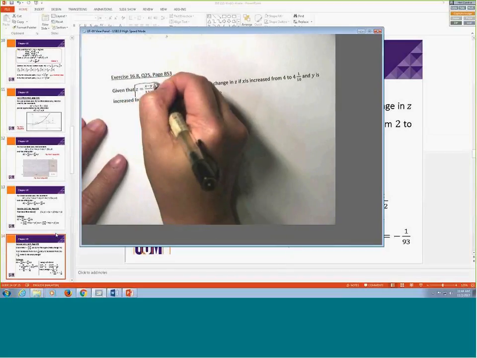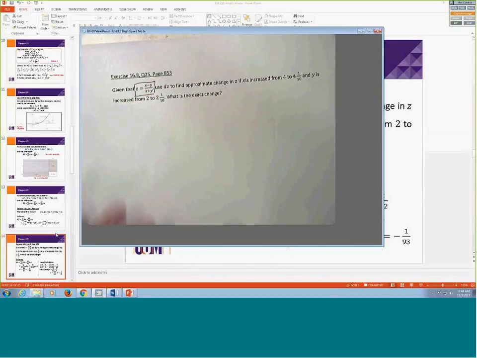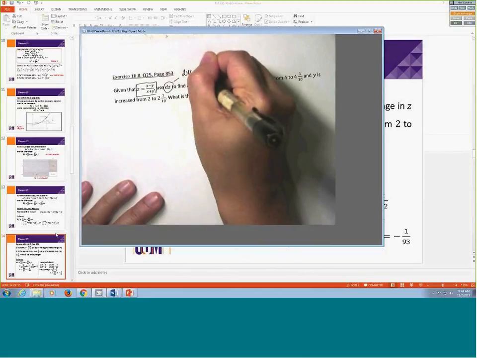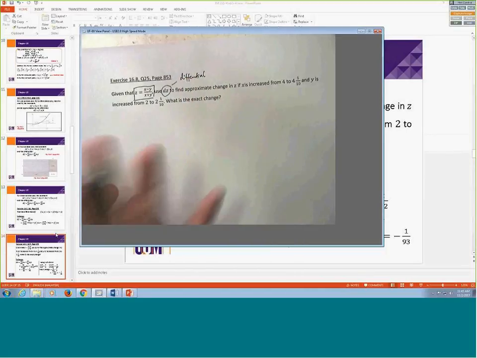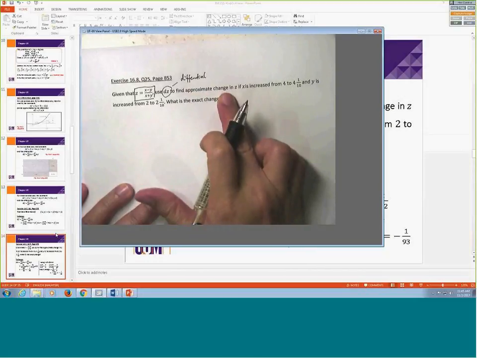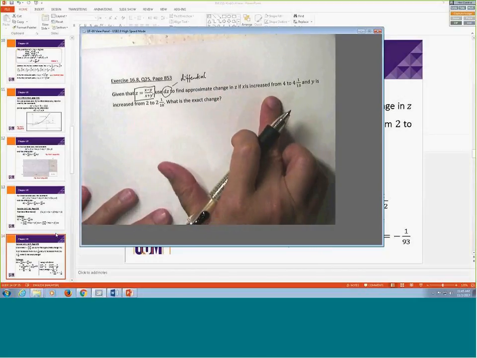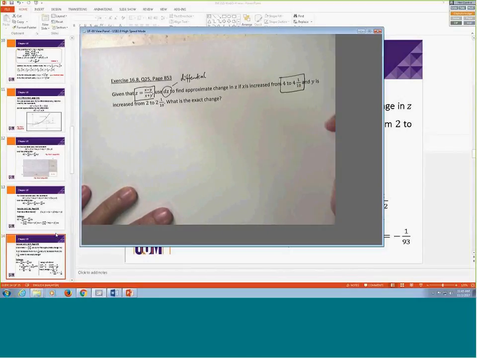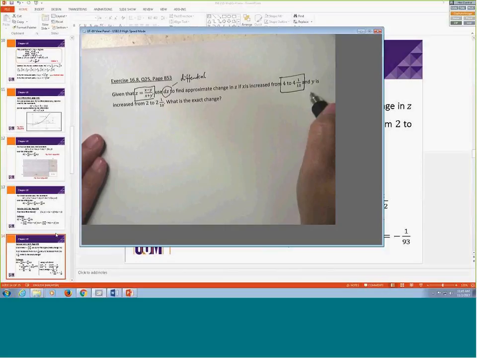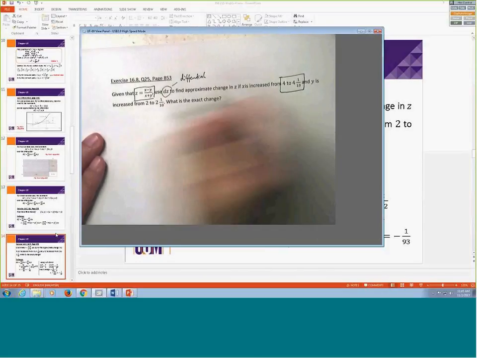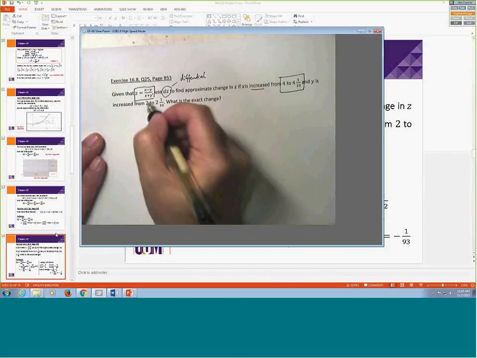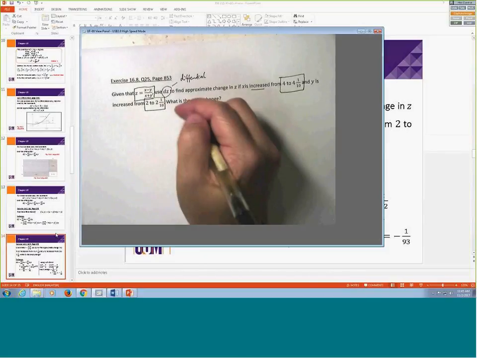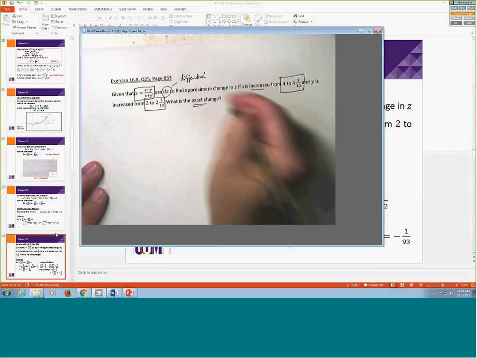Use the dz, means use the differential formula to find the approximate change in z if x increases from 4 to 4.1, and y is increased. Increase means plus, so 2 to 2.1, and then compare with the exact change.